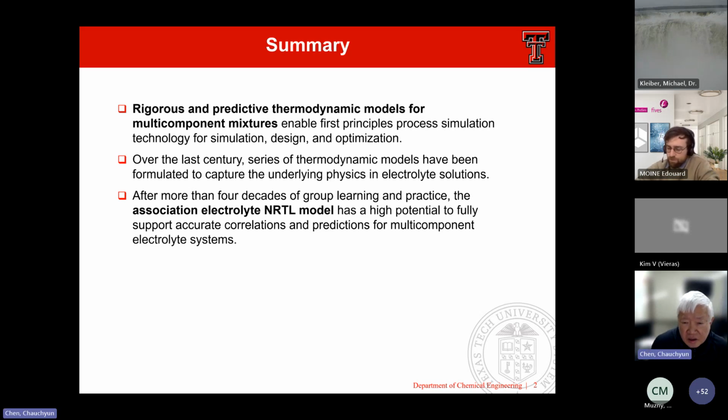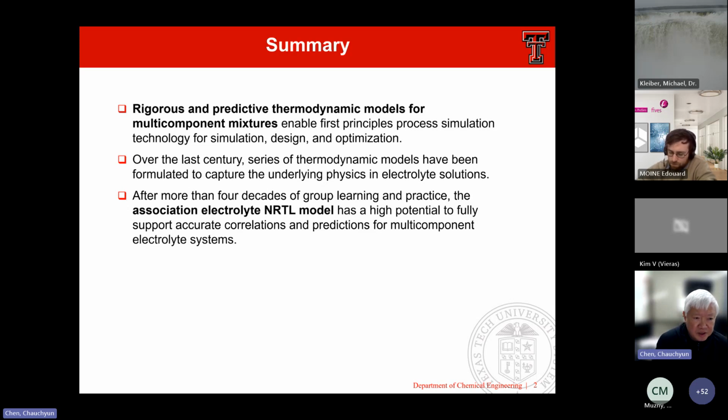This may sound obvious, but I want to emphasize that predictive capability. We not only correlate data, but we actually rely on the models to predict the behavior of the solution for all the components in the multi-component mixtures. And we never have enough data to correlate and develop the model and identify the model parameters. So ultimately, a successful model not only allows us to correlate the data, but also, most importantly, to predict beyond the data.